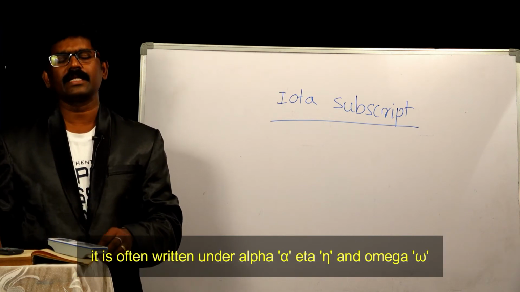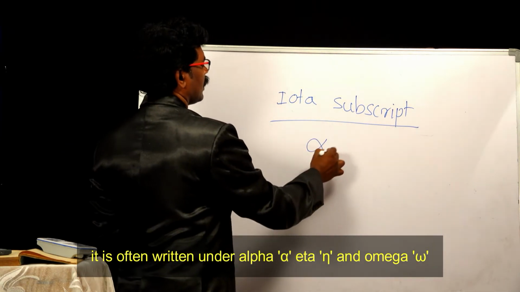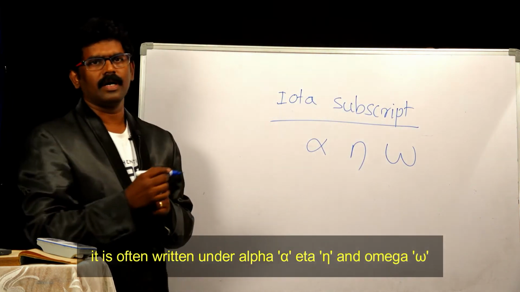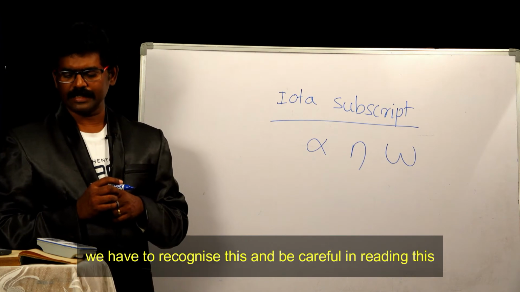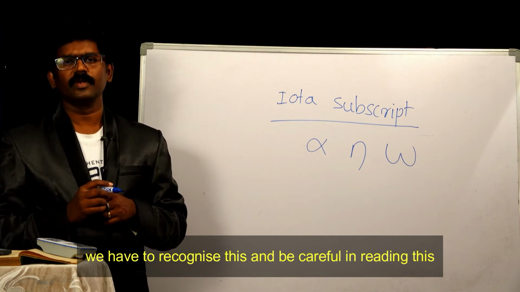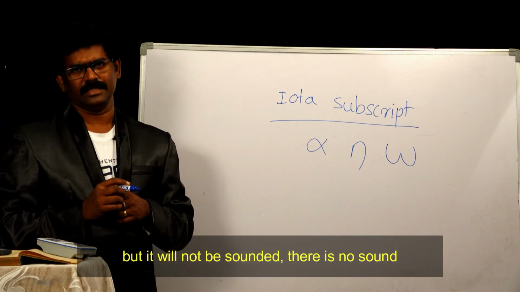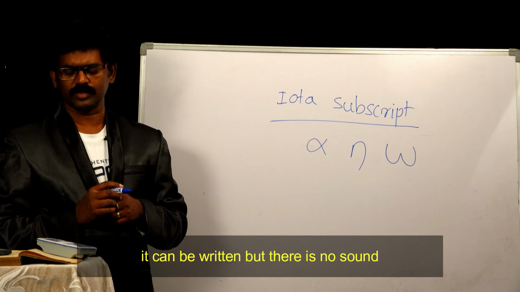It is mainly written under alpha, eta, omega. We have to recognize this and be careful in reading this. But it will not be sounded. There is no sound. It can be written, but there is no sound.